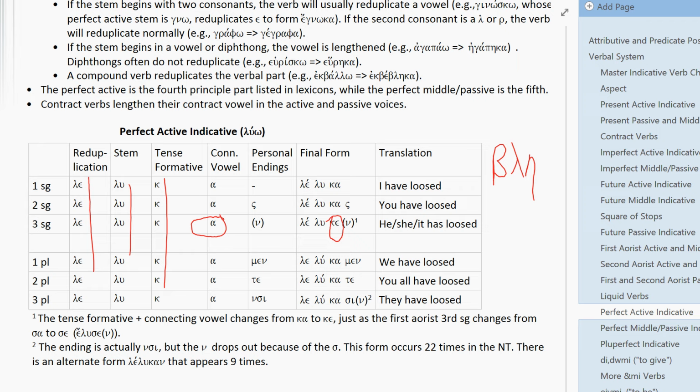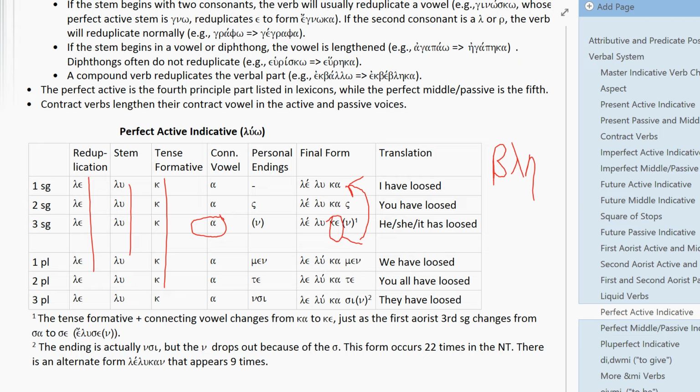So if this were still alpha, if that did not change, there'd be no way to tell it apart from the first person singular form. So I'm not sure if that's why the change occurred. There is a pretty complex explanation for why it occurred, but that doesn't matter for you. The fact is it does show up as epsilon, so that epsilon with the movable nu is a very distinctive third-person singular ending.